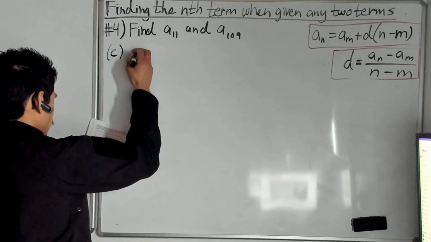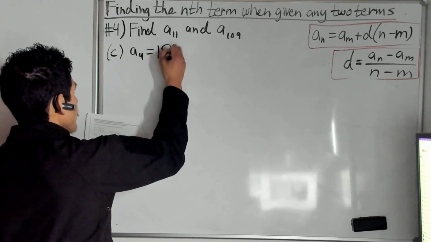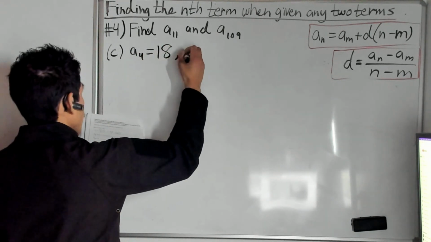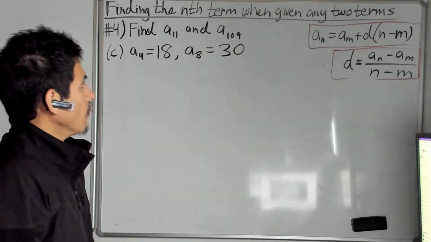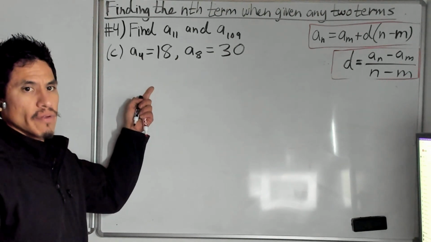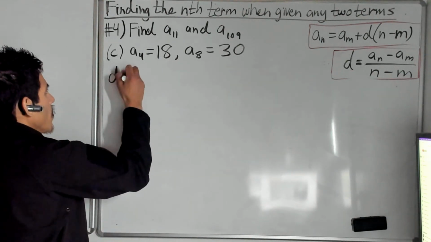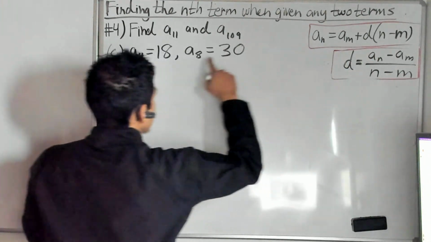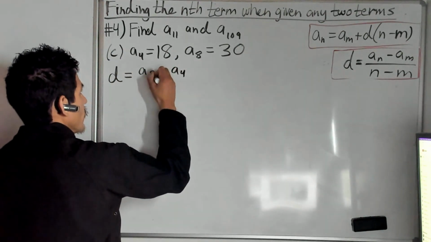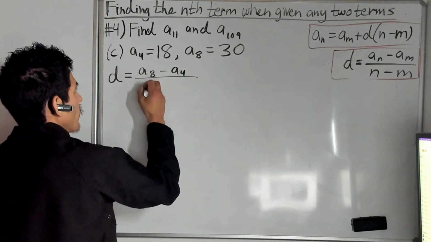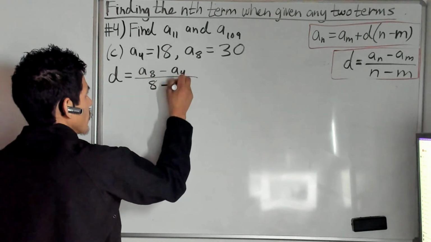So for C, we have A4 is 18 and A8 is 30. Right, find first the common difference D. So we're going to have D equals, let's go with A8 minus A4, over 8 minus 4.